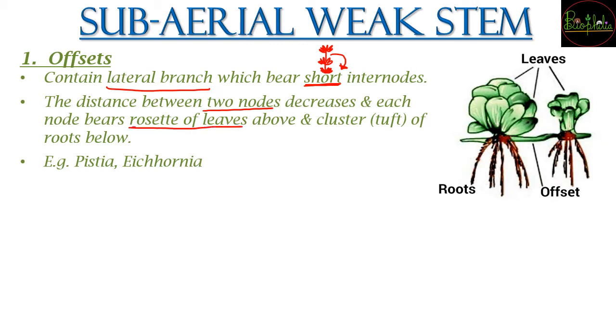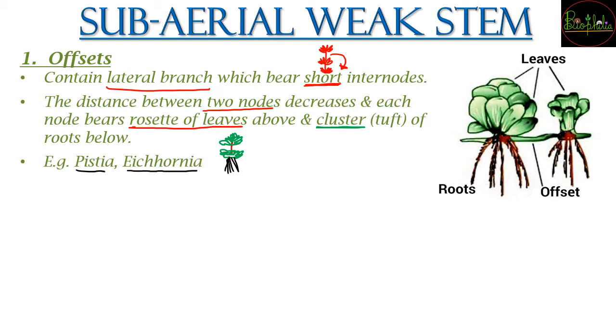So if this is your stem, the stem is going to have very small internodes, and there are going to be rosettes. So many leaves are going to come together to form a cluster, or you can say there is going to be a tuft of roots as well, which is going to be found at the bottom. So like this is going to be an offset, which can be found in examples of aquatic plants like Pistia and Eichhornia.